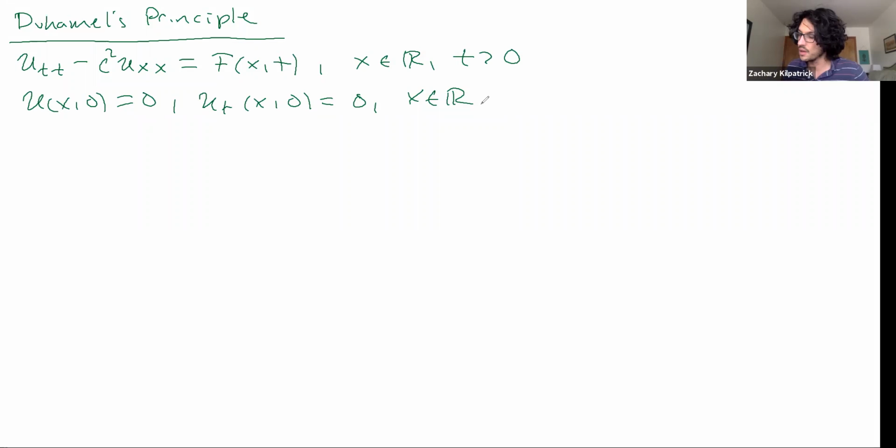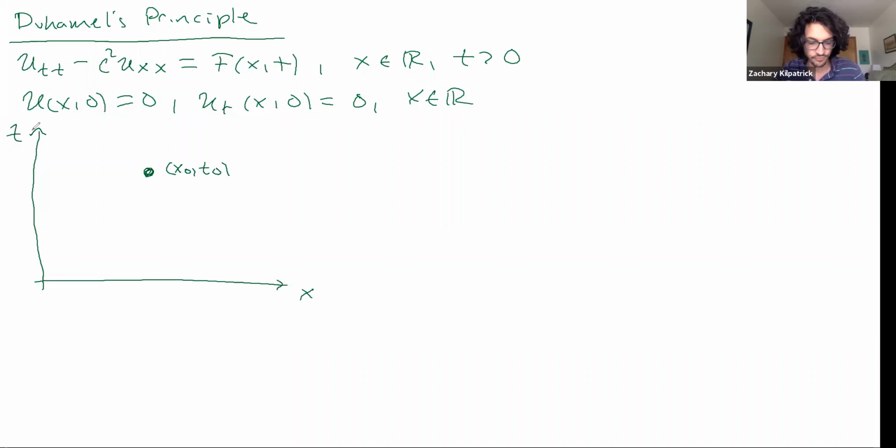Then remember that Duhamel's principle says that essentially what we want to do for a particular point, which I'll call x0, t0 in the xt plane, we want to look at the domain of dependence, which emanates from this point that's encircled by this line that we'll use the line integral over, that has normals that we can compute directly.